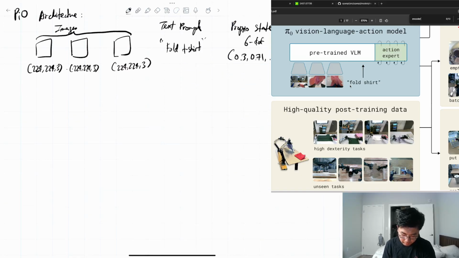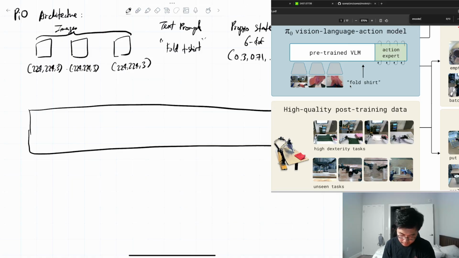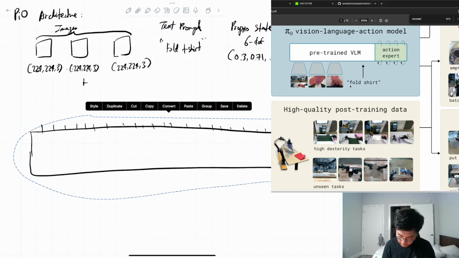And then you have a VLM, right? So your VLM, what does it take? How do we represent this?